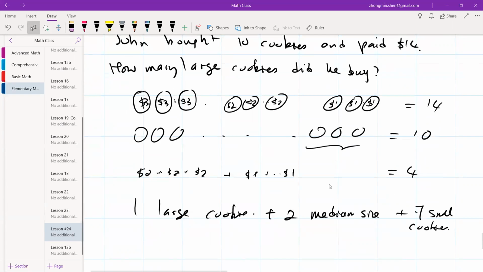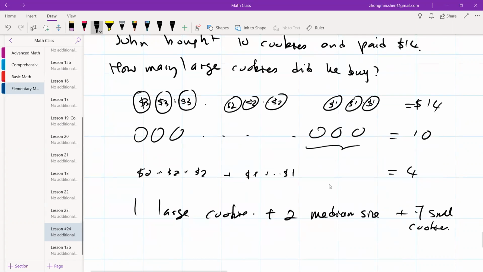You write down 2 rows. First of all, you don't know the number of large cookies, medium-sized cookies, and small cookies. Then the total will be 14 if you count them in dollars. But the second row is about the number of cookies. You assume that each cookie costs $1, then you also get $10. 14 minus 10, we look at the difference.